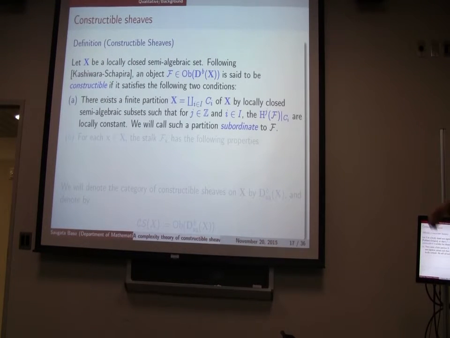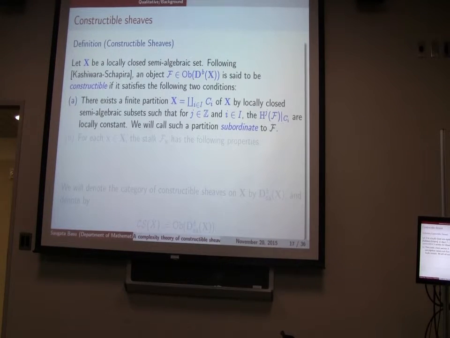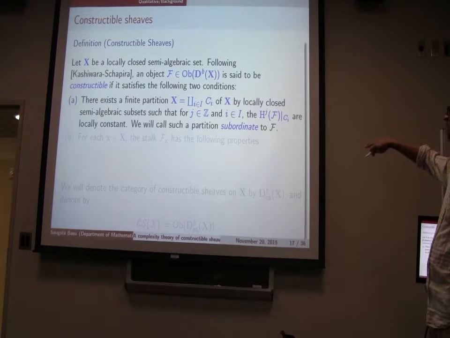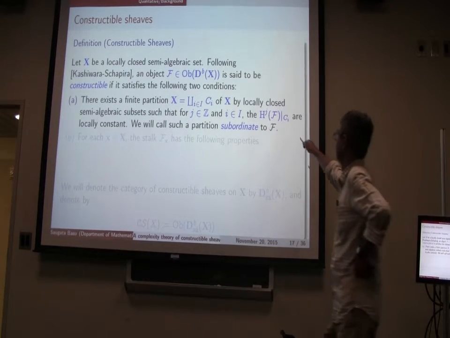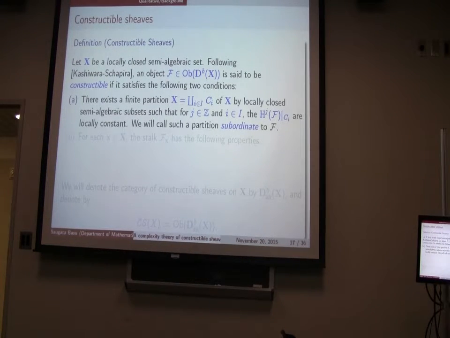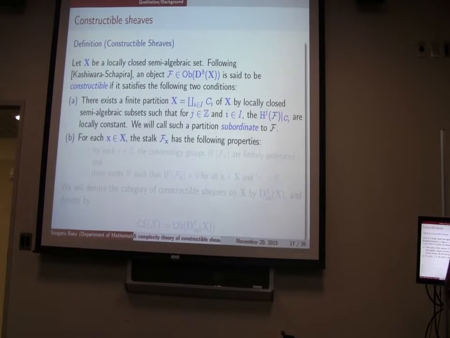First, there exists a semi-algebraic partition of X into locally closed semi-algebraic sets, such that the homologies of these complexes, these sheaves A^j of F, are locally constant on the elements of this partition. We'll call such a partition, and that's my terminology, subordinate to F. Of course this is not anything canonical. A refinement of a subordinate partition will also be subordinate.